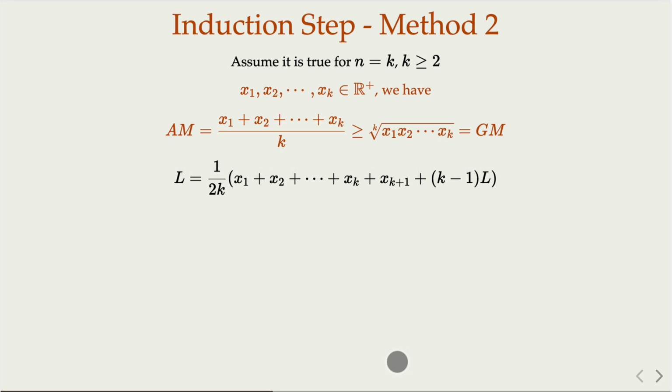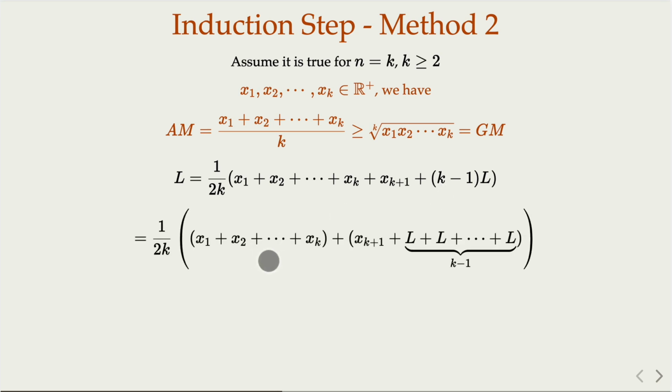Now here, we're also going to group them. We group k terms here, and the rest is also k terms, and this value is k minus 1 terms of L. So we're going to apply AM-GM for k variables, just like what we did in method number 1.